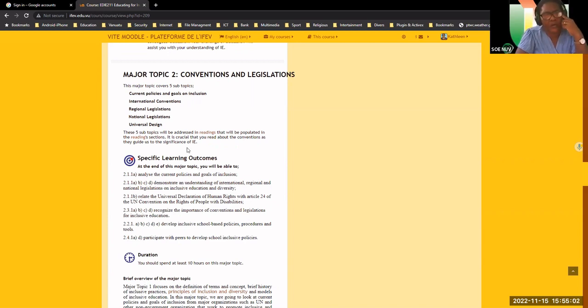So we are doing this to satisfy what the government of Vanuatu did in 2008. So the government ratified the Convention on the Rights of People with Disability.